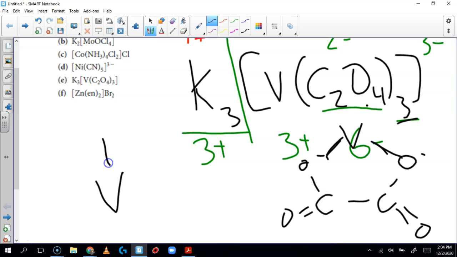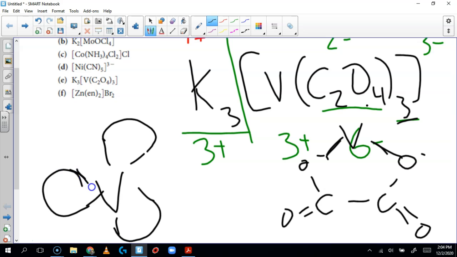So we would have something like this, where even though it's a compound, we have only three ligands. They're bidentate, so now we have 1, 2, 3, 4, 5, 6 as our coordination number.